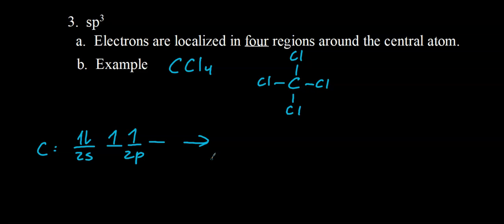But again, something else happens where carbon is able to combine its atomic orbitals to make new hybrid orbitals. So in this case, we have, look at the name, sp3, 1s, it's always 1s, there's only 1s orbital in the valence shell. 1s combines with all 3 p orbitals to make 4 new orbitals called sp3.